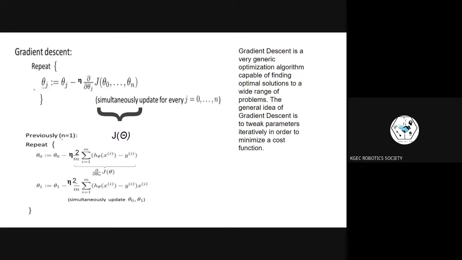In this case, the new value of the weight parameter theta j is assigned in place of the old value of theta j. This is the partial derivative term, and this is the seventh Greek letter. This is called eta. In our case, it will be our learning rate.